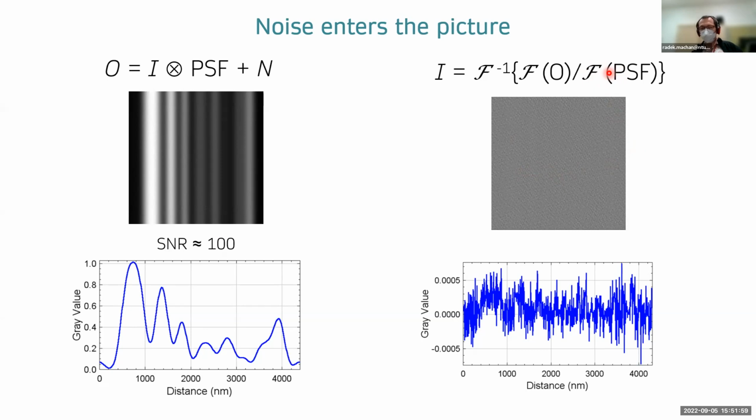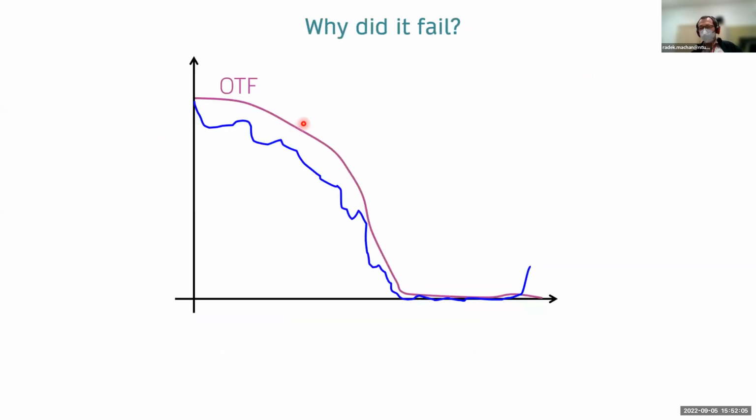So why does even such a very modest noise make so much problem? To understand it, let's go back to the optical transfer function, which I sketched here. The optical transfer function is what in mathematics is called the support of the Fourier transform of the image.